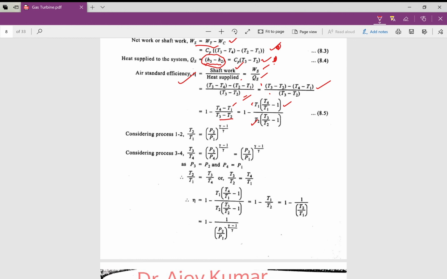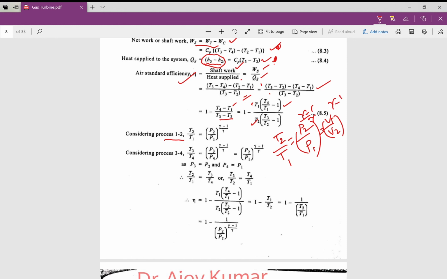Now considering process 1, 2 as isentropic compression or expansion, students, we know that the temperature ratio T2 upon T1 is (P2 upon P1) raised to the power (gamma minus 1) upon gamma, and in terms of volume it is (V1 upon V2) raised to gamma minus 1.